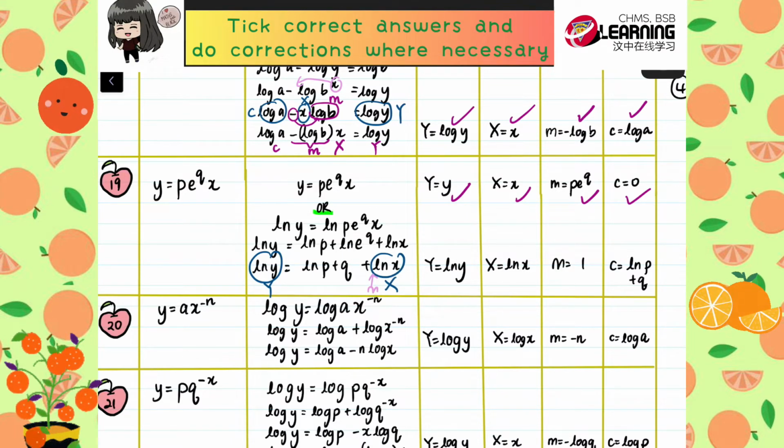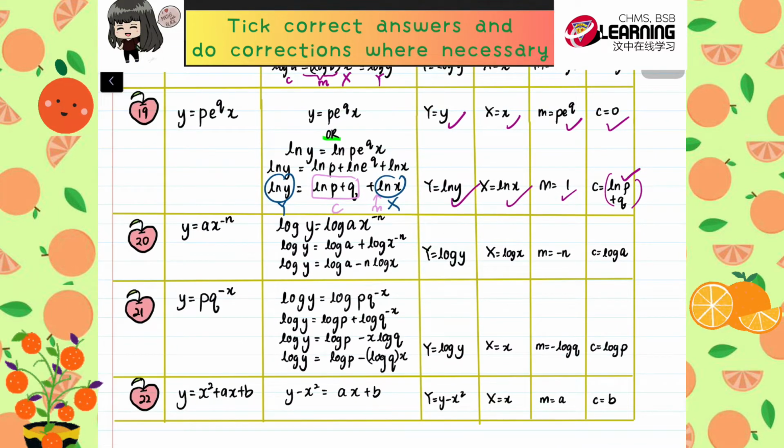Not 0, not 0. Please check. And then your C will be this whole thing. So your Y, your X, M, and your C. Your C is this whole thing, ln P plus Q.